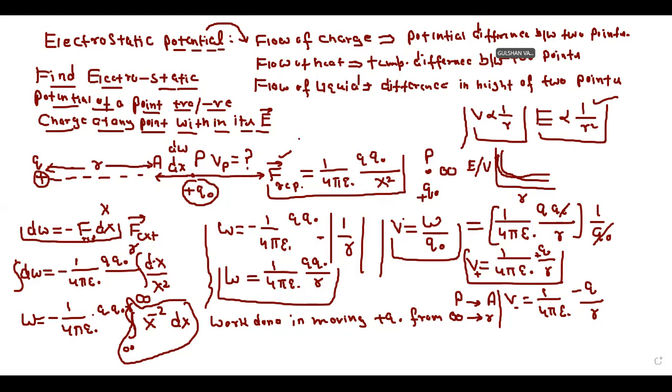So first I plot for V inversely proportional to r, like this. But when I plot E inversely proportional to 1 upon r square, then the graph will be like this.